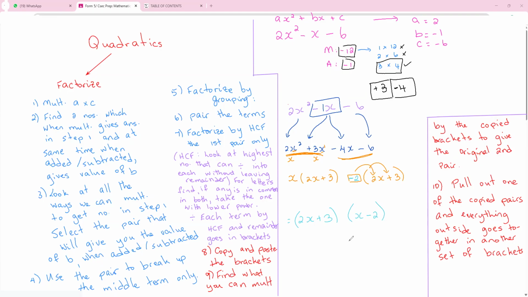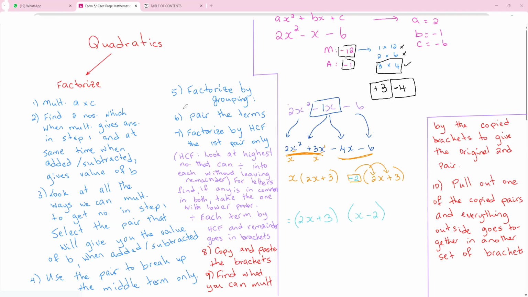Now that is basically factorizing it again. But if I just tell you factorize it again, we might get confused, so I broke it down into easier terms.